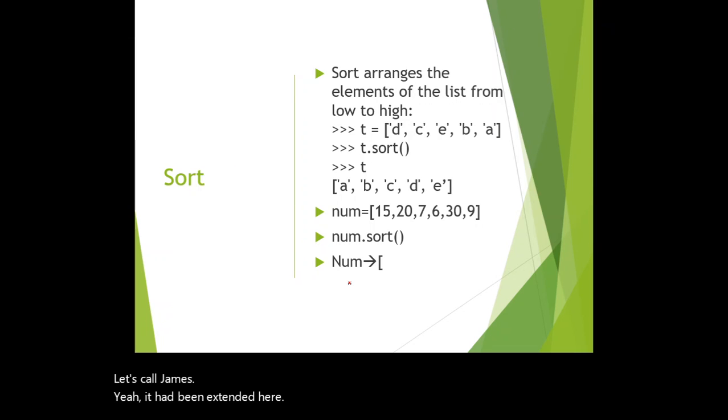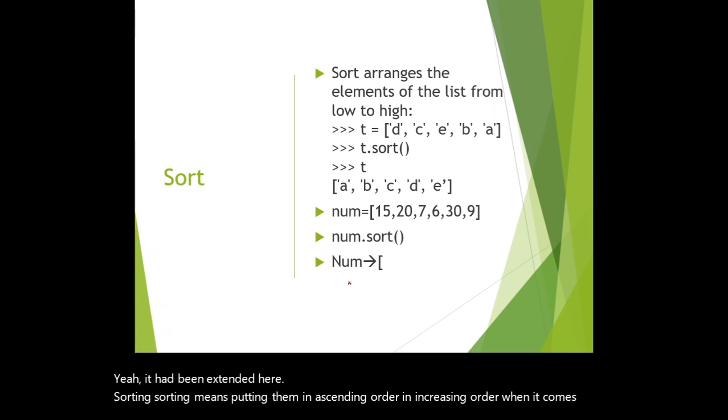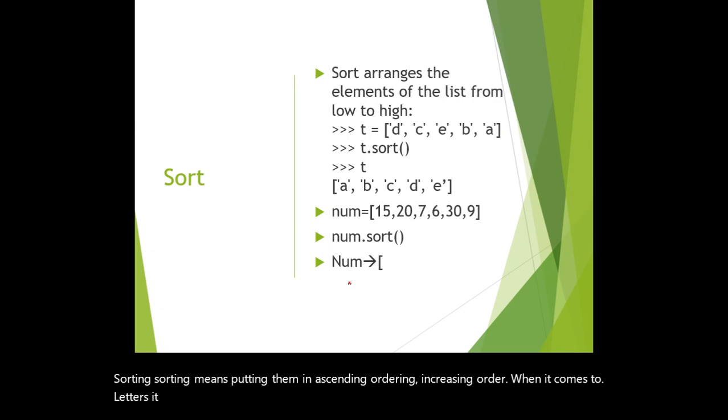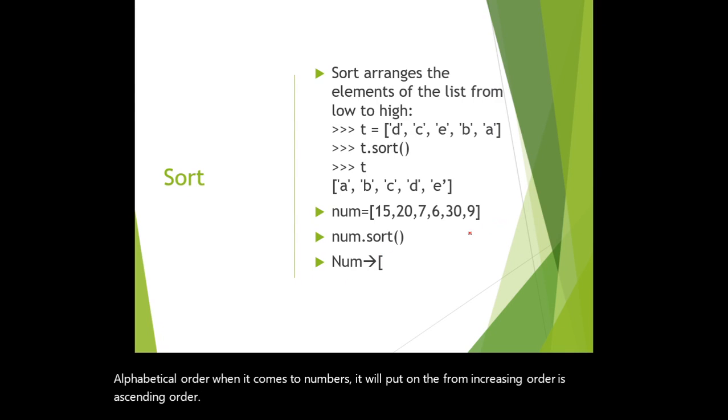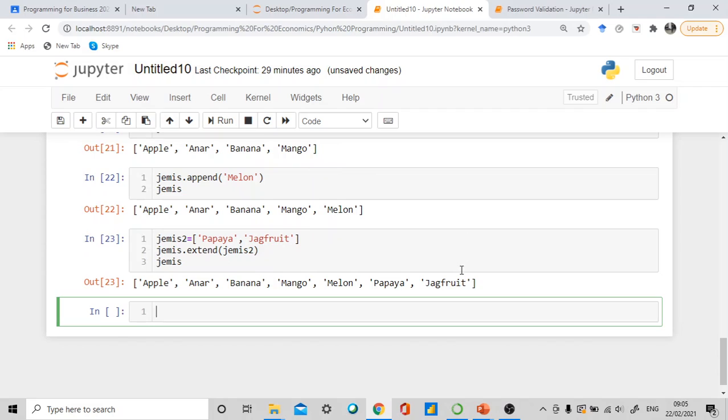Sorting means putting them in ascending, increasing order. When it comes to letters, it will sort in alphabetical order. When it comes to numbers, it will put them in increasing order, ascending order. Let's check it.